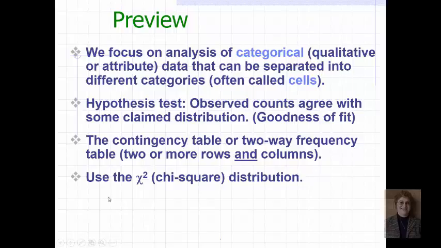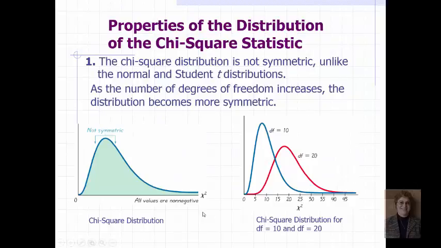This uses the chi-squared distribution, and the chi-squared distribution is a skewed distribution. It is skewed to the right, so the tail extends off to the right, and as the number of degrees of freedom increases, the distribution becomes more symmetric.